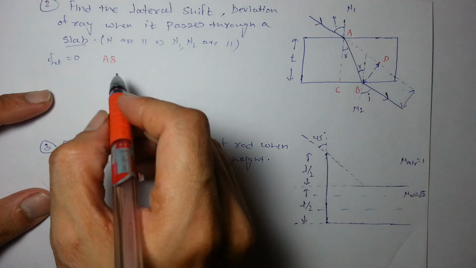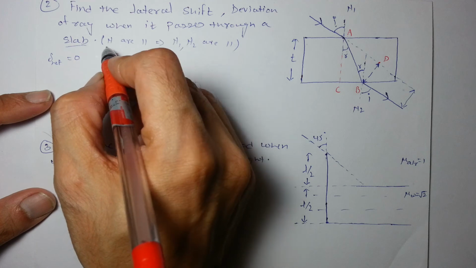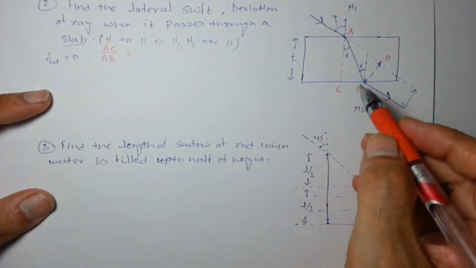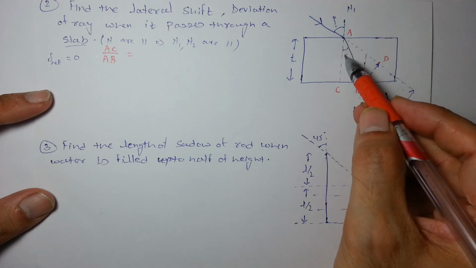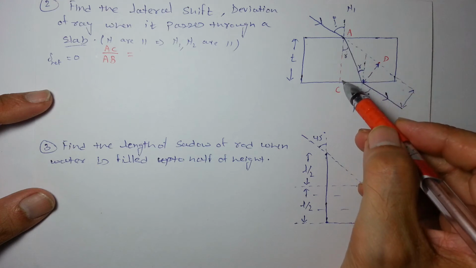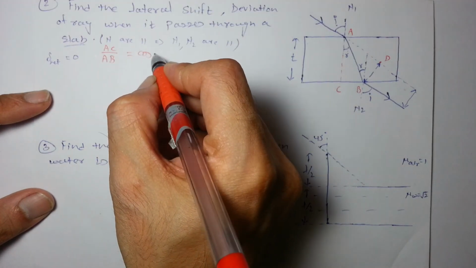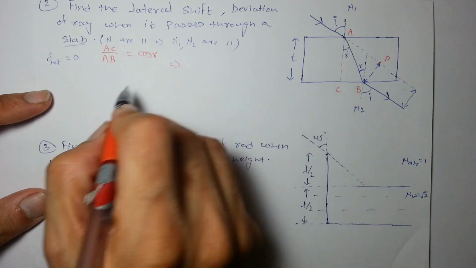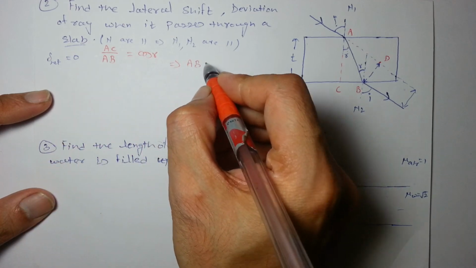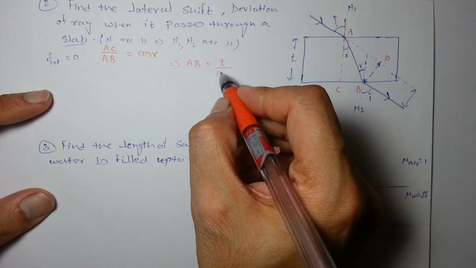AB is hypotenuse. This we know AC. AC by AB means for angle R, I can say cos R. So what is AB? AB is nothing but AC, which is thickness, by cos R.